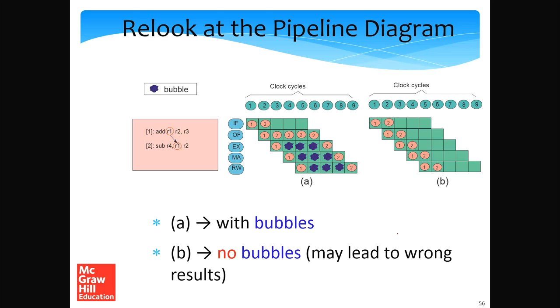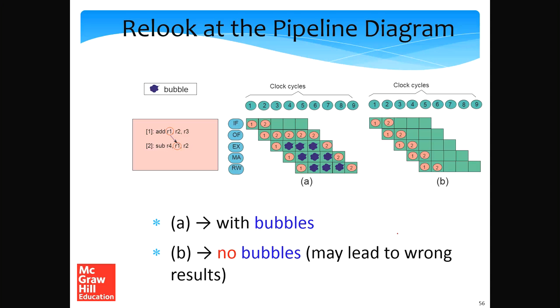So let's look at this. Let us consider this code snippet once again, where we have two instructions. The first instruction generates a value in a register, and the second instruction reads the value. In this case, the first instruction generates the value for R1, and the second instruction reads the value of R1, so it's a read after write dependence.